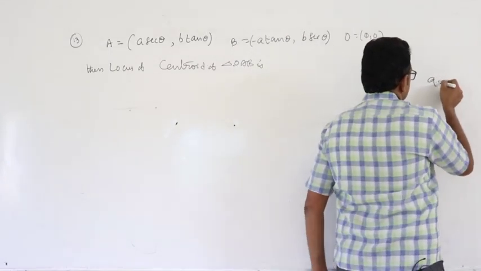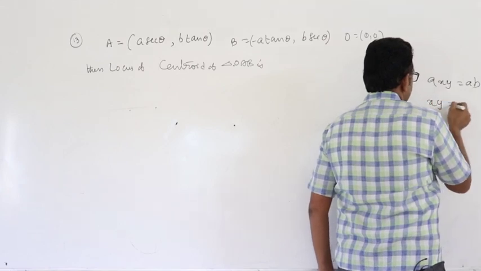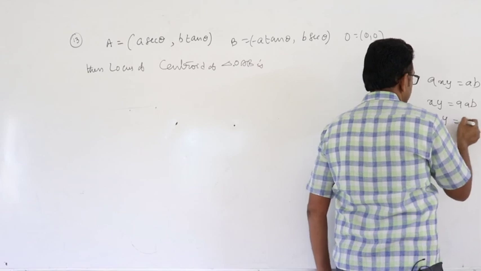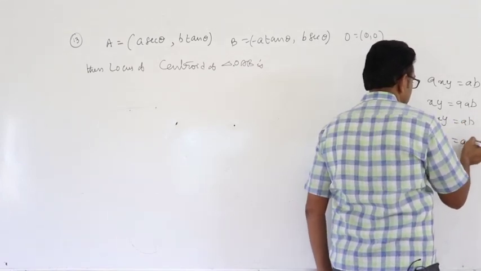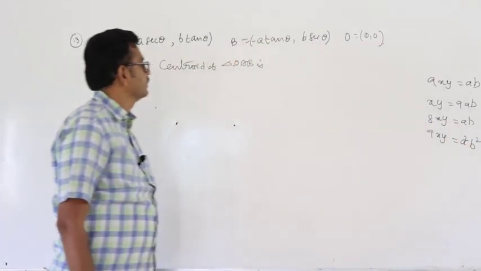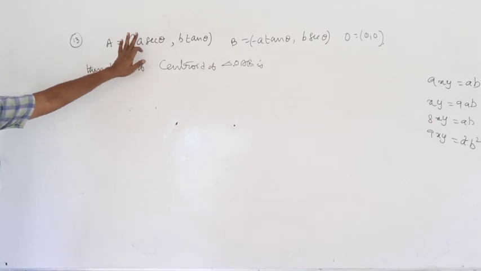The options are: first option 9xy is equal to ab, second xy equal to 9ab, 8xy equal to ab, 9xy equal to a square b square. The locus of the centroid of the triangle is found by eliminating theta, where theta is a parameter.